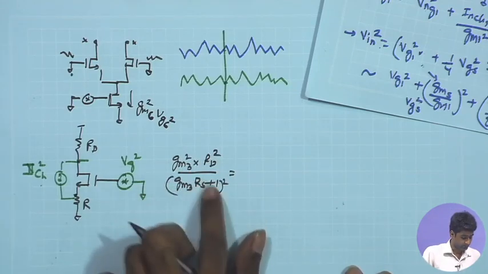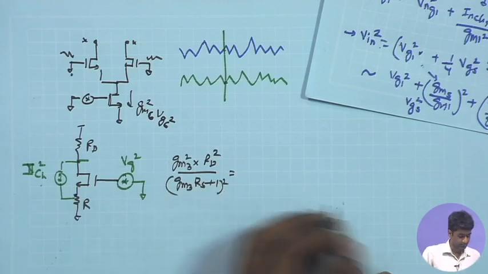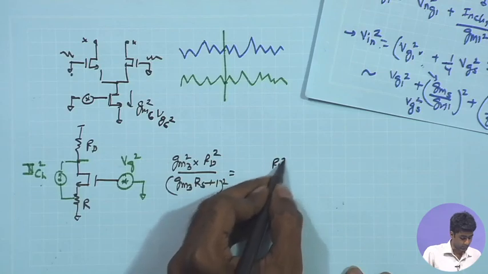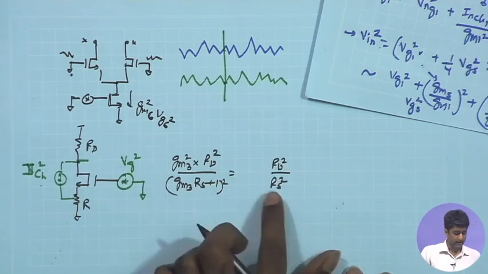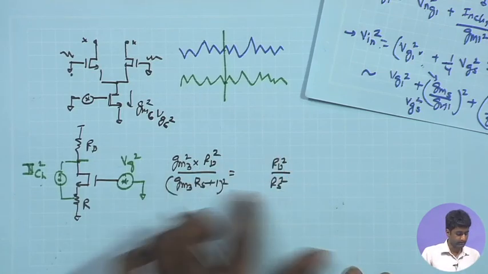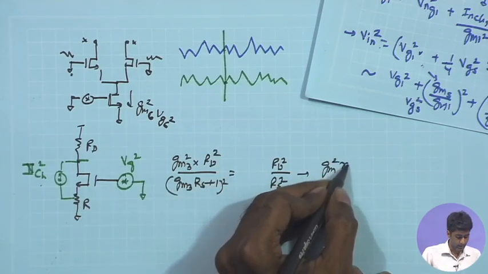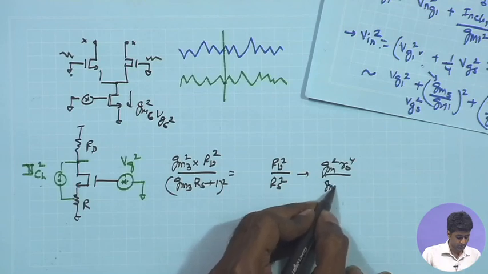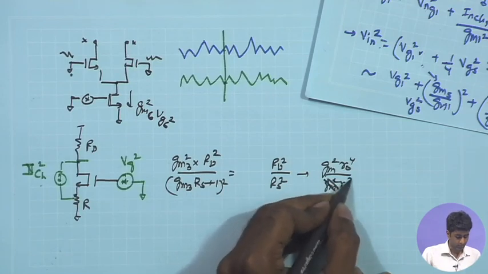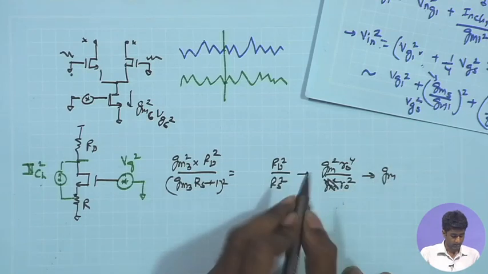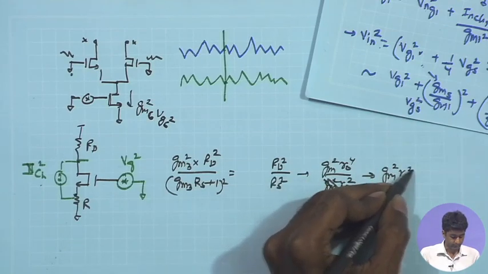And once again, if I assume that gm3 RS is much greater than 1, which is true here, I'm getting RD squared upon RS squared, and therefore in this case you are reduced to gm squared RO4 upon gm squared RO upon RO squared, and therefore you have an overall expression gm squared RO squared.